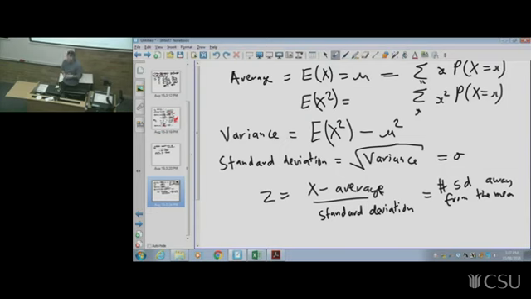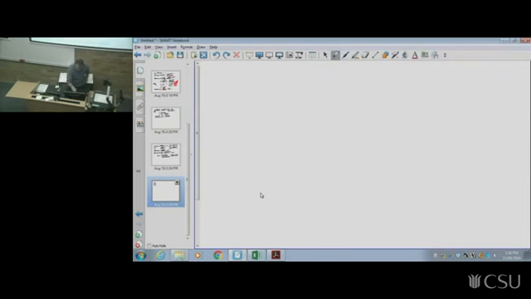So let's do some calculations and I'll talk a bit more about some rules of thumb with them. This is the heads example. So we had 0, 1, 2, 3 with various probabilities. The average value is 1.5.